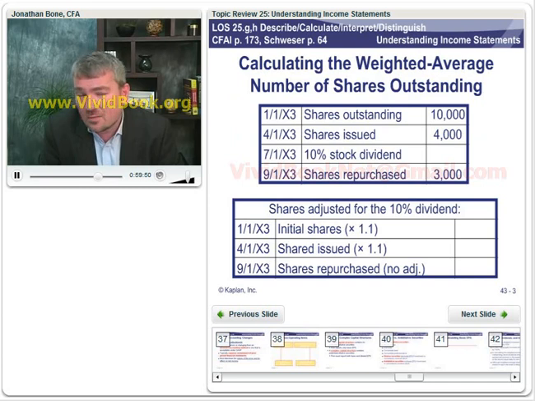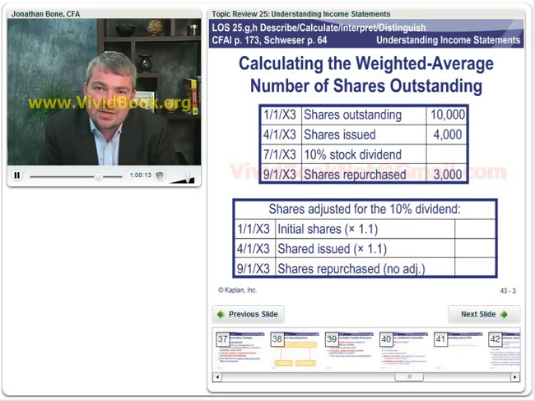So 4 represents the month, and as a result we're looking at April. So on the 1st of April they issued 4,000 new shares. On the 1st of July there was a 10% stock dividend, and then finally on the 1st of September they repurchased 3,000 shares.